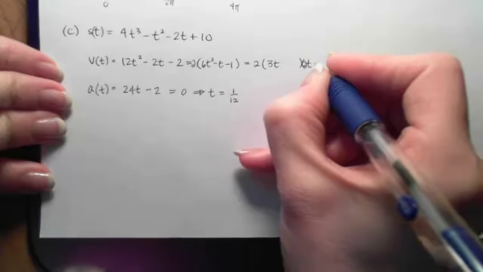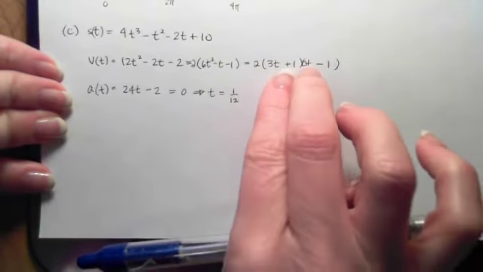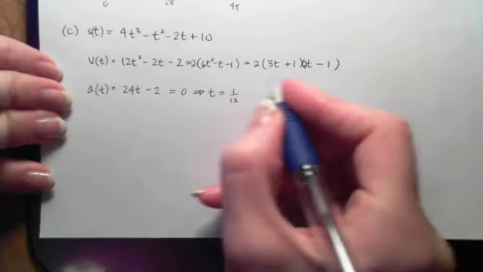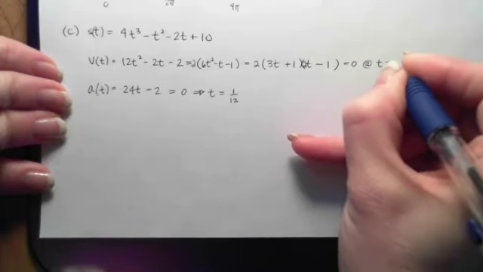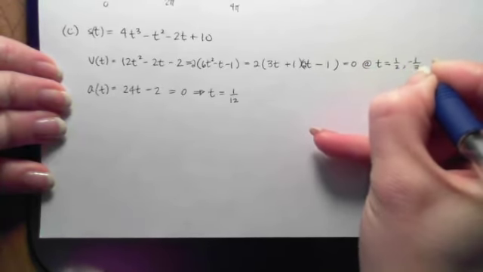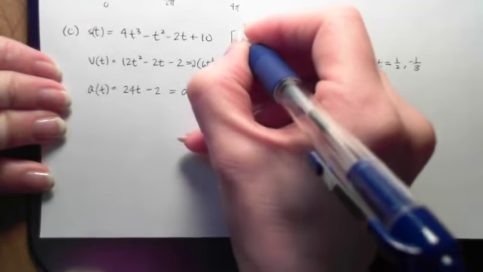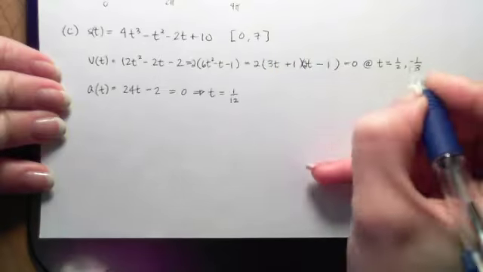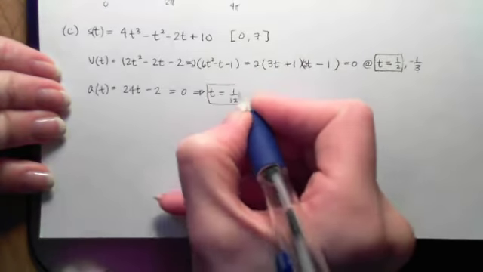So let's put the negative with the 3 and the positive with the 1. So I got a negative 3t plus a 2t gives me a negative t. So I can see that this equals 0 when t is 1/2 or negative 1/3. Okay, I'm on the closed interval from 0 to 7. So that means I'm only going to be working with the half and the 1/12.